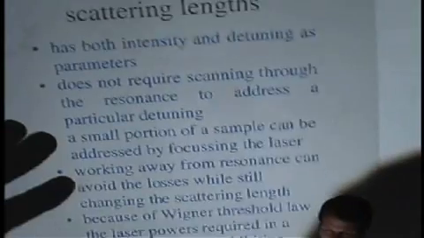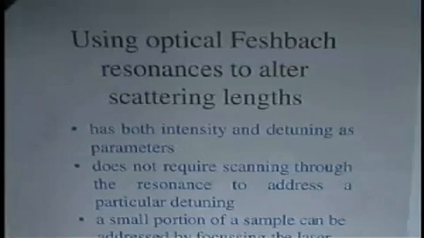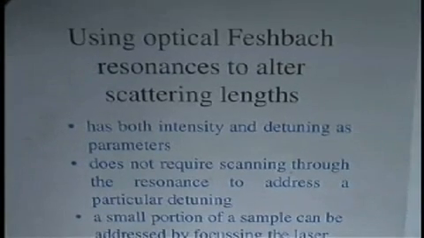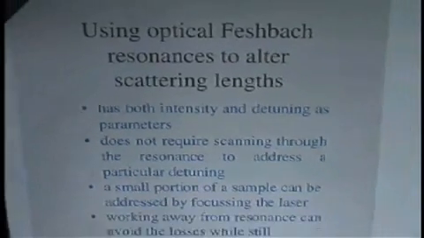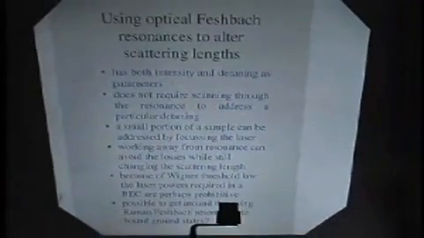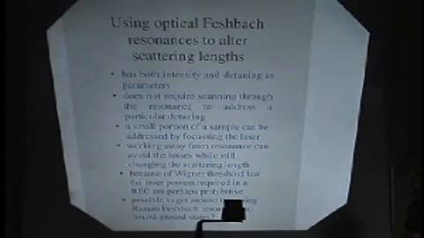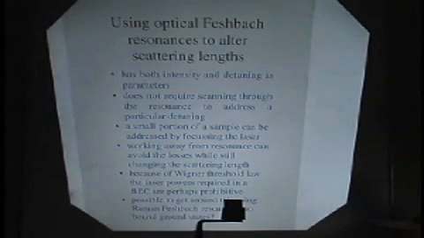So just to go over what we have with an optical Feshbach resonance and using that on manipulating scattering lengths, we do have intensity and detuning as parameters, and so we have some advantages. We can rapidly scan these things. We don't require scanning through the resonance to move to a particular detuning the way you have to actually pull through with a magnetic field.